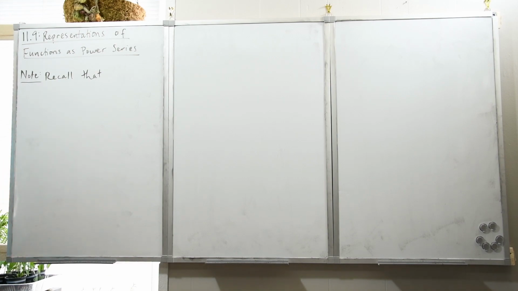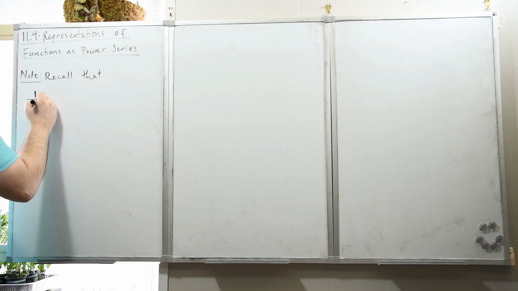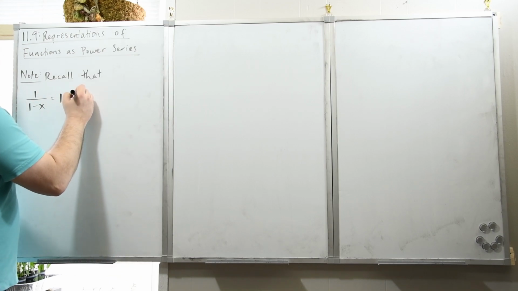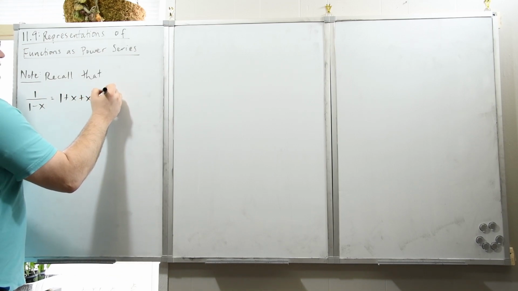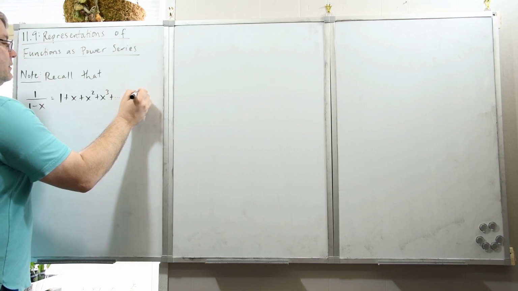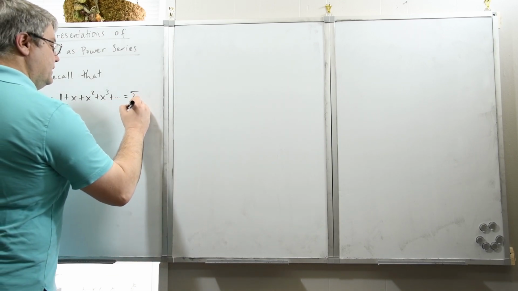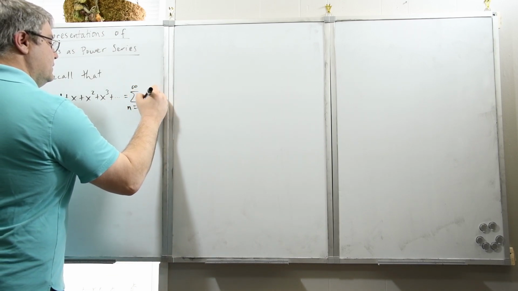So here we're going to recall that 1 over 1 minus x is the same as 1 plus x plus x squared plus x cubed and so forth, which we can also write as summation n equals 0 to infinity of x to the n.